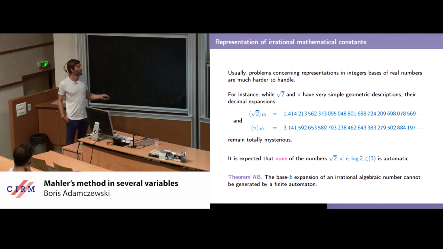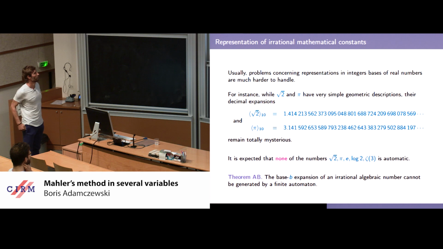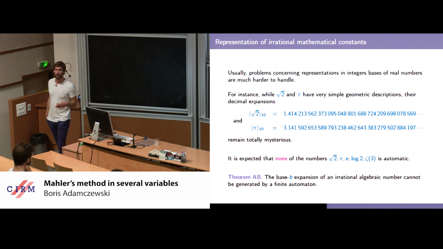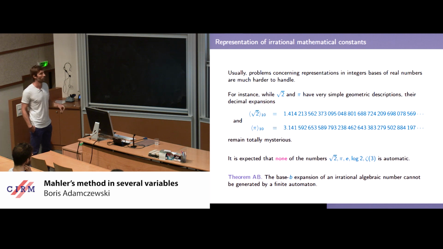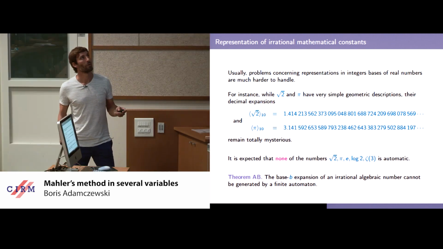But it is not known for e, pi, log 2, or zeta of 3. It is conjectured that these numbers are not automatic. The strategy we used with Yann Bugeaud was based on the Subspace Theorem of Schmidt, and I will say a word on this later.